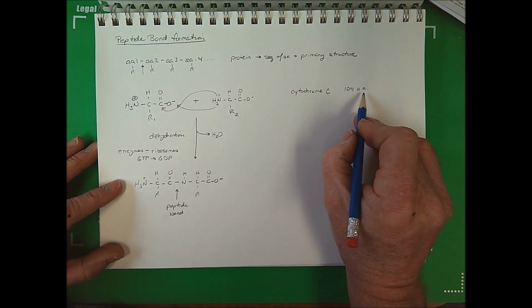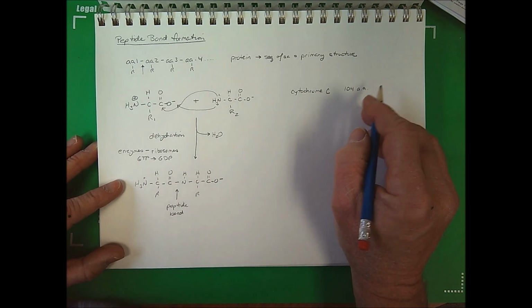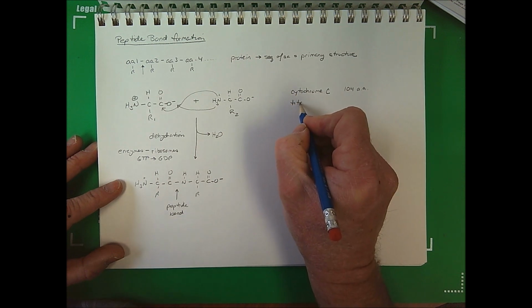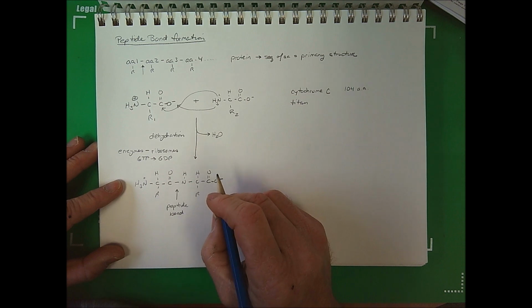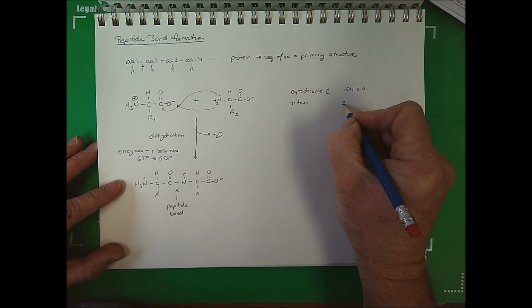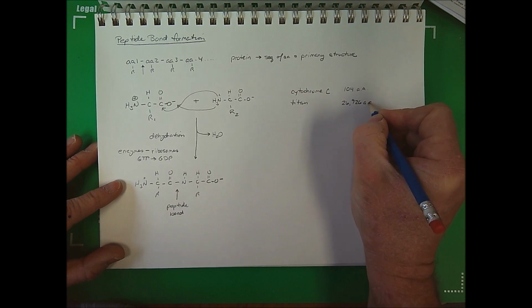This is considered a very small protein. Other proteins, such as titin, which is the largest protein identified in humans, has 26,926 amino acids.